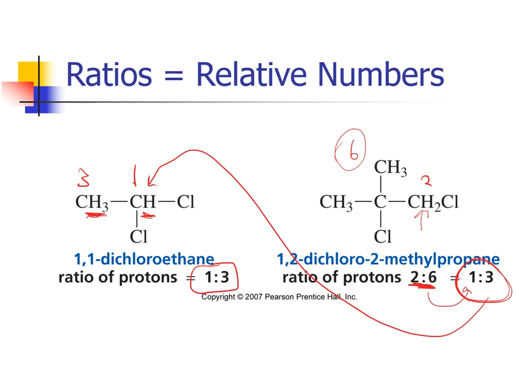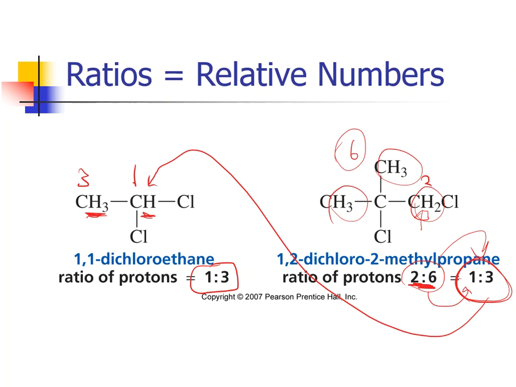And that 1 to 3 could also mean a 2 to 6, because that means 1 to 3 as well in terms of ratio and proportion. And that's exactly what we have up here. We have 2 hydrogens versus the 6 hydrogens. It just so happens that that can be simplified down a little bit further.